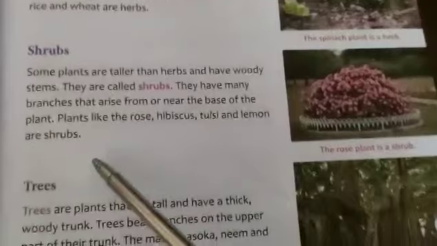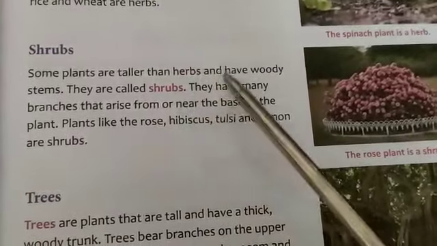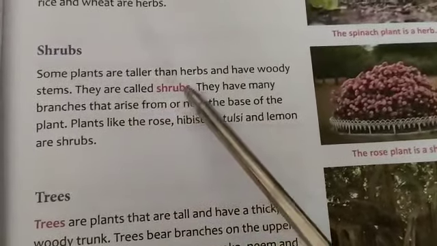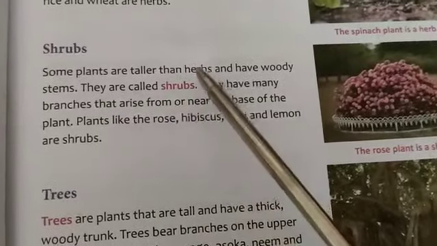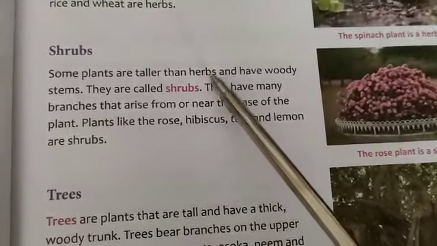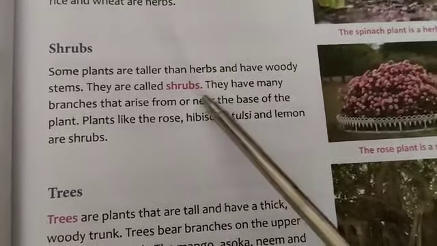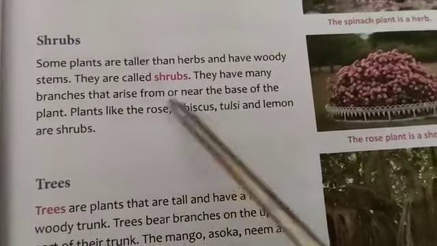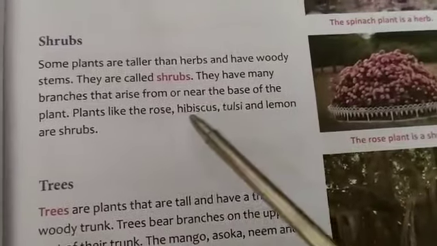Next is shrubs. Some plants are taller than herbs and have woody stems. They are called shrubs. What are shrubs? They are taller than herbs. Herbs are small, soft plants, but shrubs are taller than herbs. They have many branches that arise from near the base of the plant.